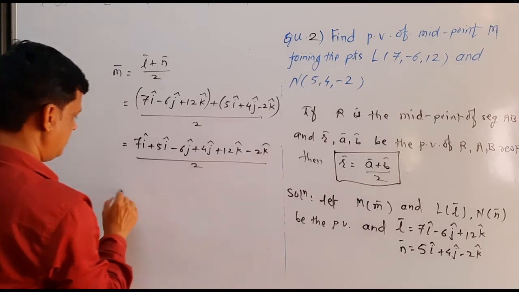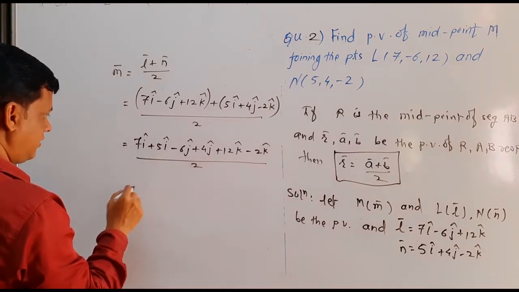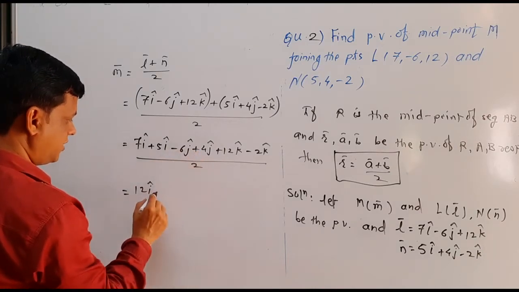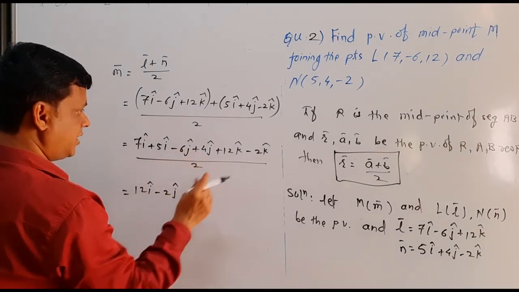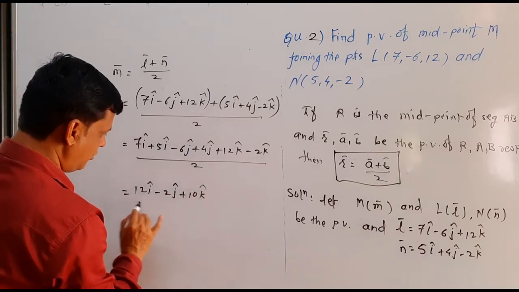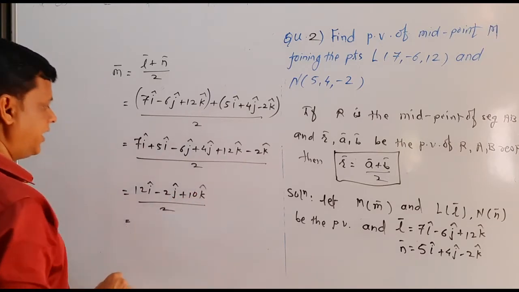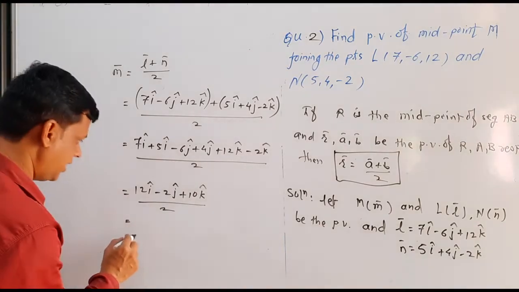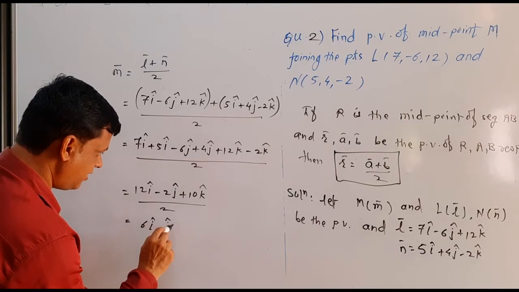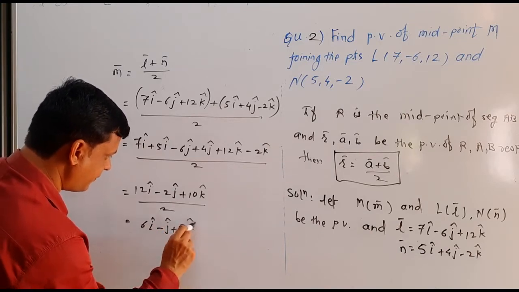upon 2. Now 7i plus 5i, we get 12i, minus 6j plus 4j, which is minus 2j, 12k minus 2k, which is 10k, upon 2. So divide each term by 2, we get 6i minus j plus 5k.